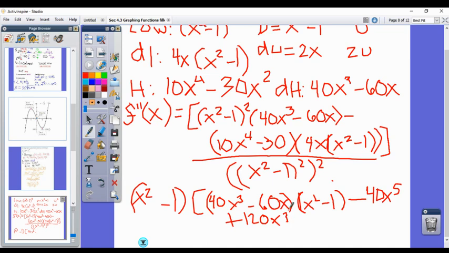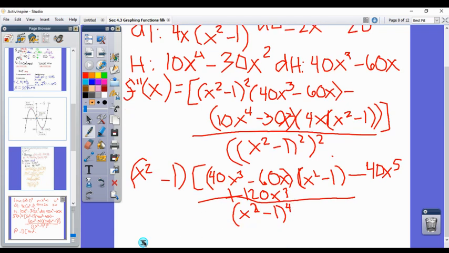I think I forgot something. Yep, I did. I forgot my x squared right here. Okay, all still divided by (x squared minus 1) to the 4th power. Okay, so since I factored out the x squared minus 1, I can actually get rid of one of them in the numerator and the denominator.